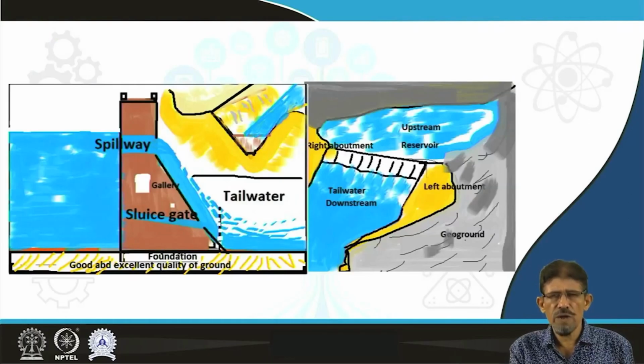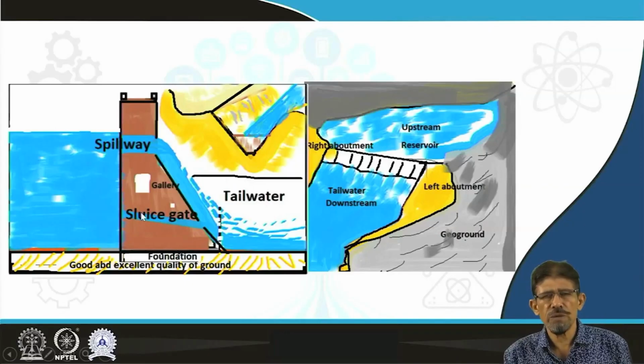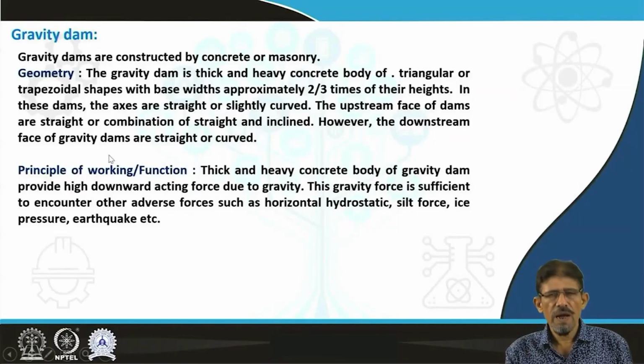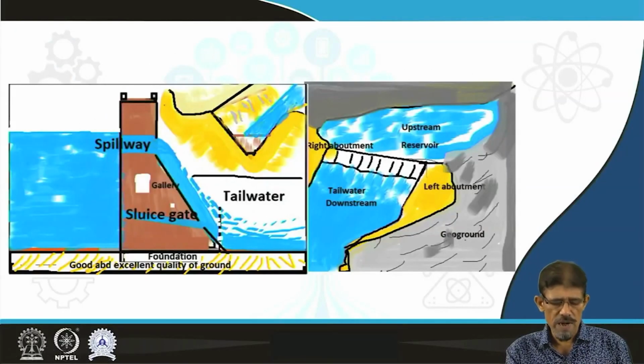Here you can see this is one view. This cartoon is representing a view of gravity dam. This gravity dam, you can see this part is almost straight in nature, and this part is straight or sometimes curved also.